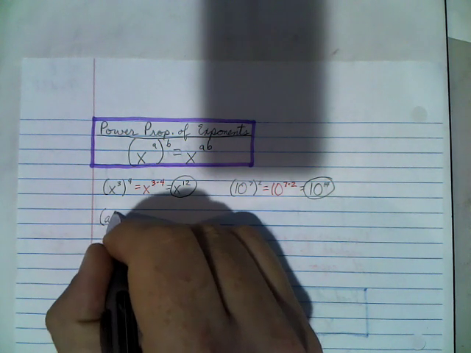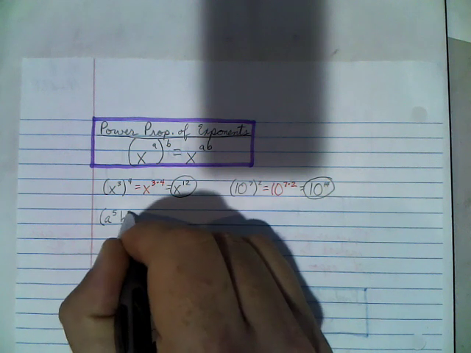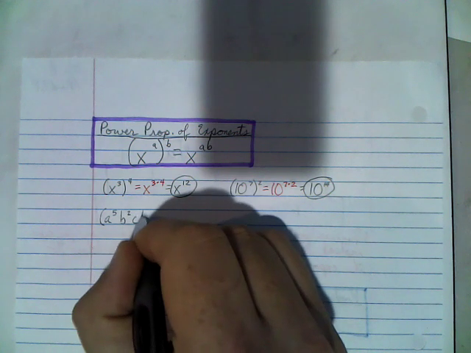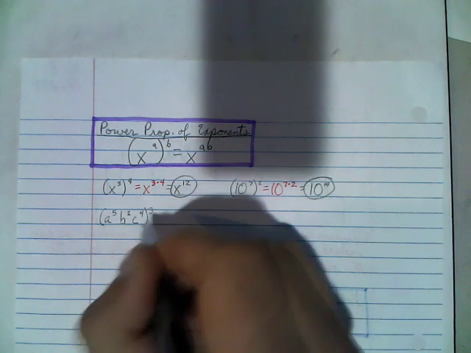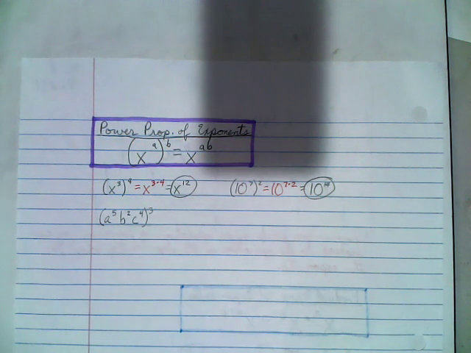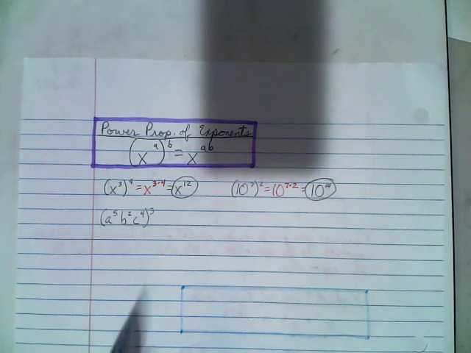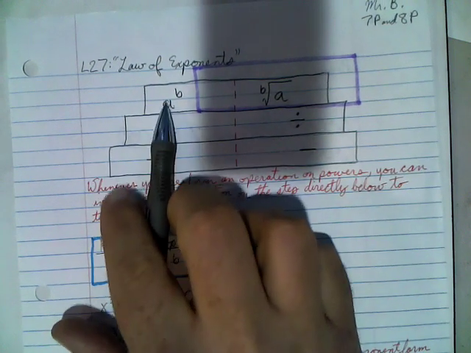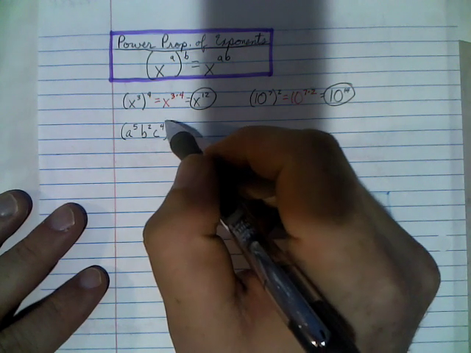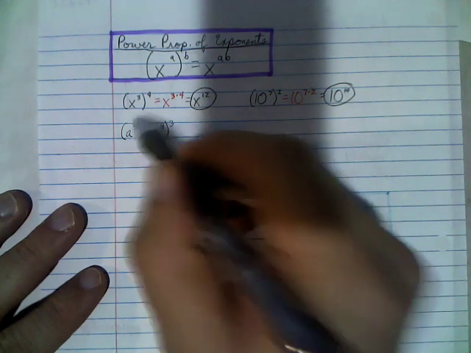Let's say I had a to the 5th power, b to the 2nd power, c to the 4th power, and I raise that all to the third power. Now here, because we're multiplying all these together, and multiplication is right underneath exponents, our third power here is basically going to distribute to each one of these powers.